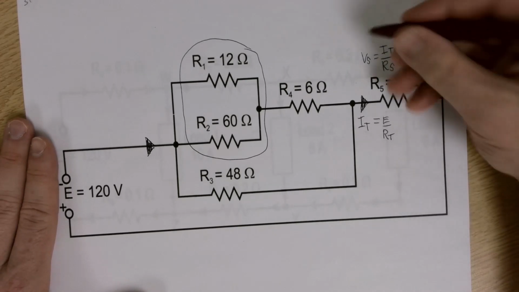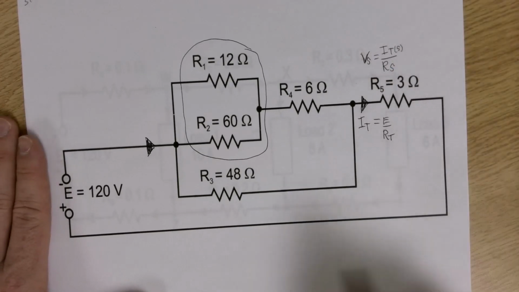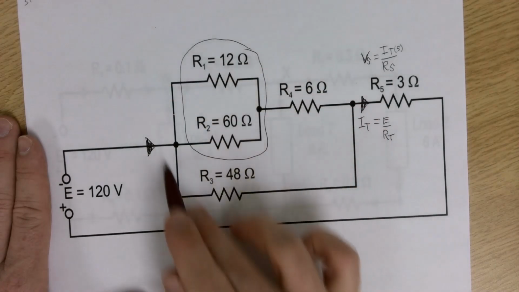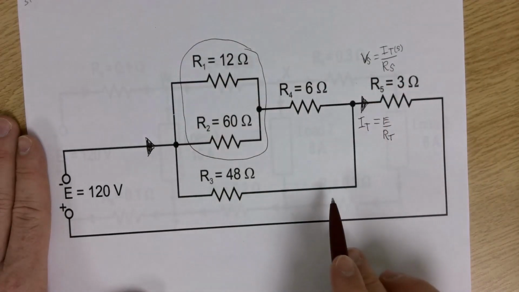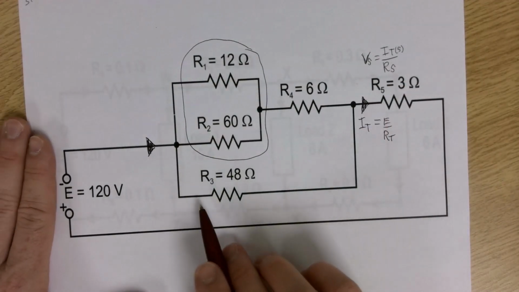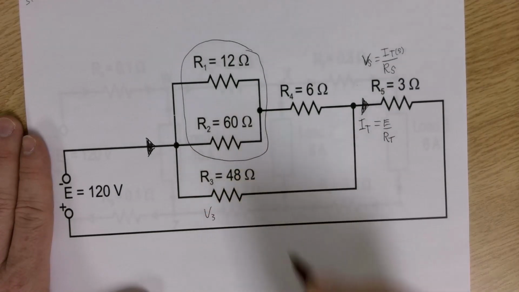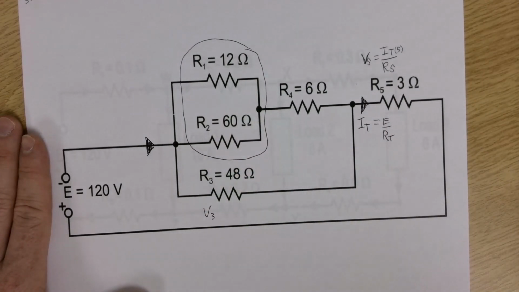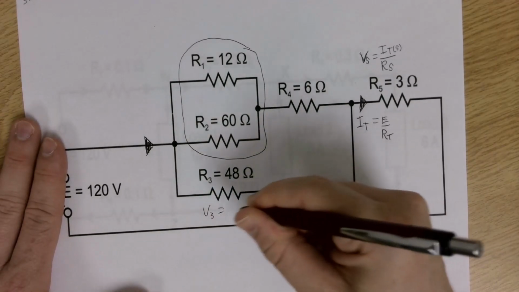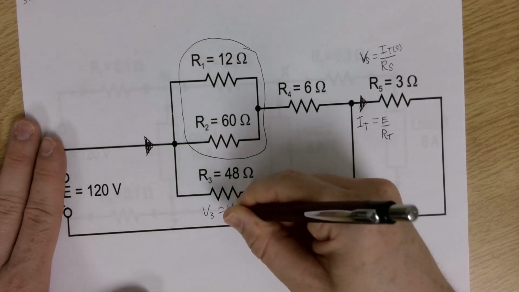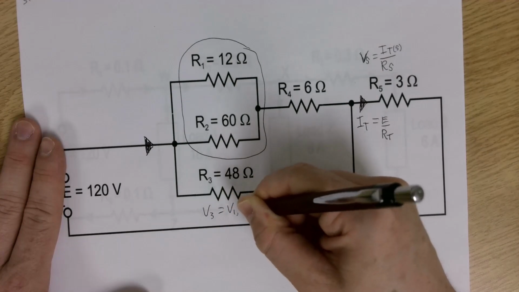And so once we know that volt drop, we would know the volt drop across this whole parallel circuit. And we would know that the volt drop across 3 would be equal to the volt drop of 1, 2, 4.